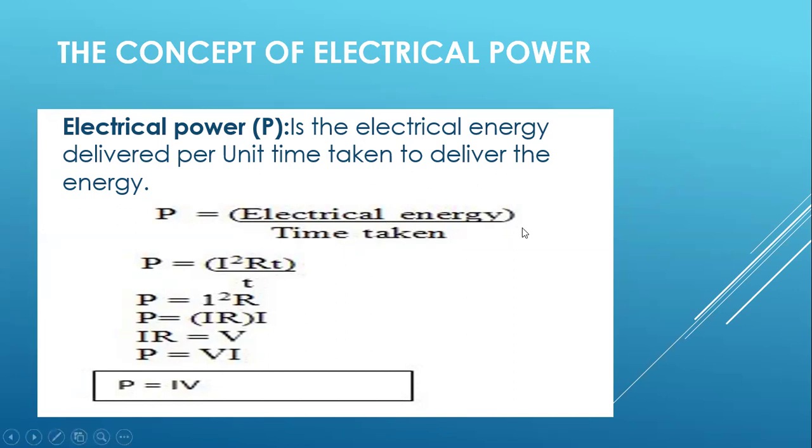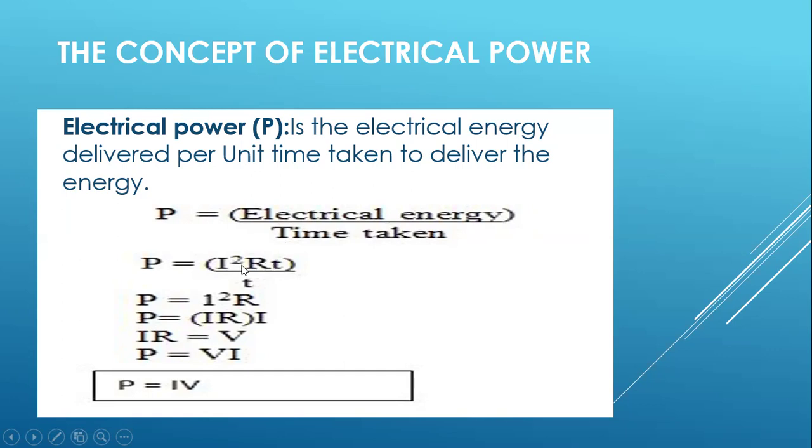Now, mathematically, you can say that power equals the electrical energy per time taken, whereby this I square RT is just the formula we saw in our previous video when we were discussing the mechanism of heating through the current electricity. So electrical energy equals current squared multiplied by resistance multiplied by time.